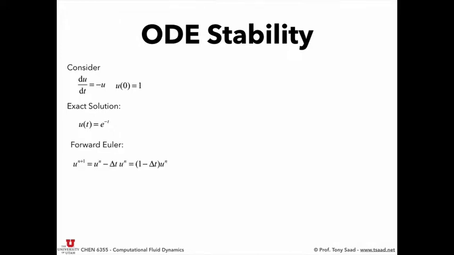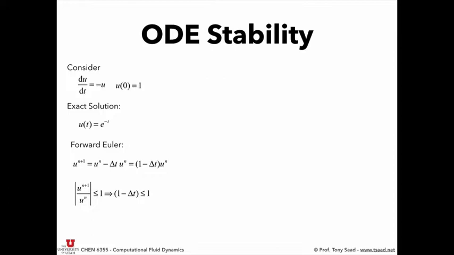Now let's apply a forward Euler method. (u^(n+1) minus u^n) over delta t equals minus u^n. So you get u^(n+1) equals u^n minus delta t u^n, which is (1 minus delta t) u^n. That's a single time step. Now let's look at u^(n+1) over u^n: what is the solution at the next time step compared to the solution at the previous time step?